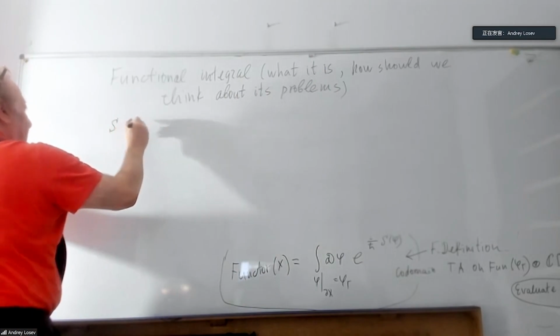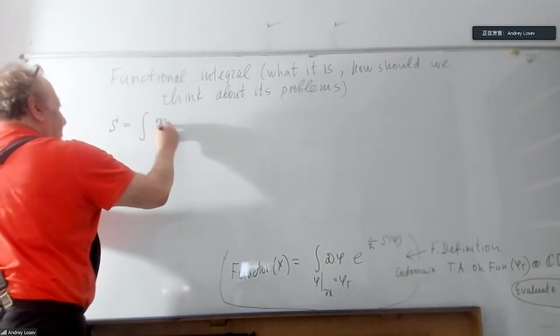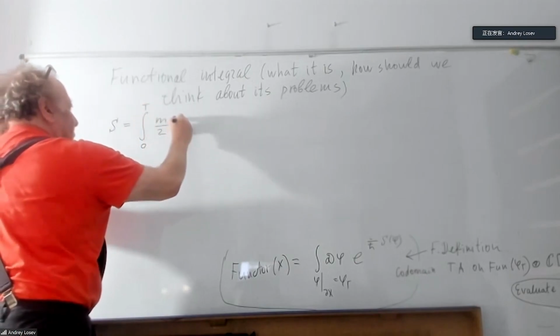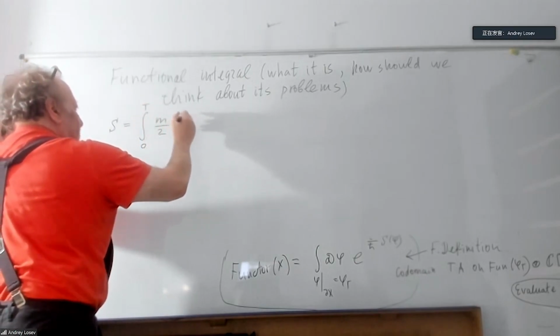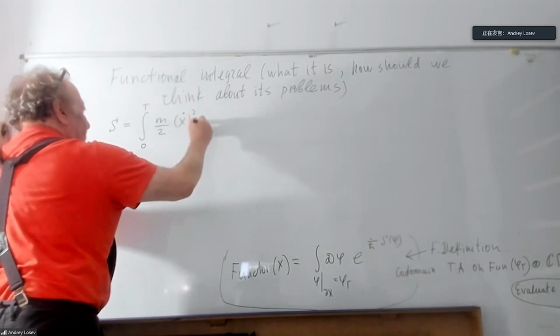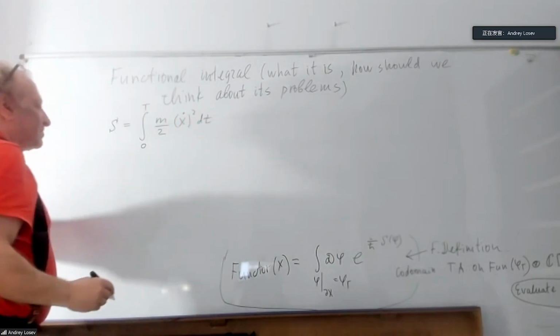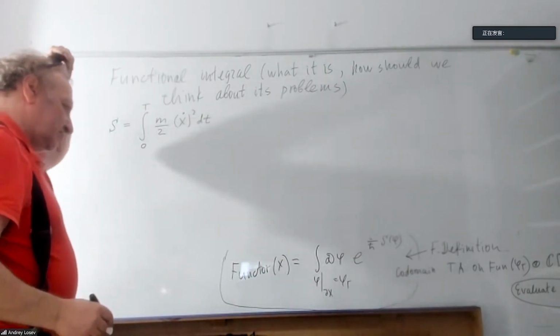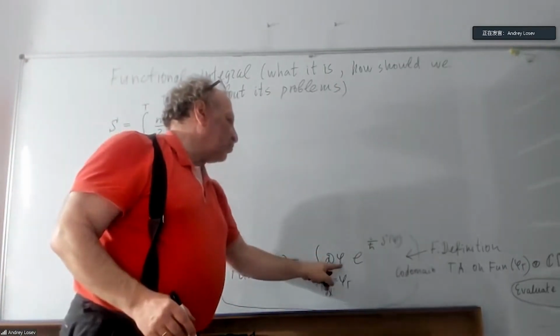So, the action for the free particle is m over 2, integral from 0 to t, x dot squared dt. That's it. Let me try to apply it here.